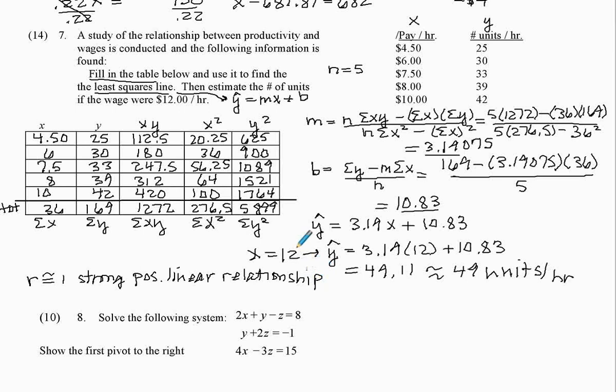It tells how close these points would be to actually being on the regression line. If r is approximately -1, then you've got a strong negative linear relationship. Positive means it would slope up from left to right, negative it would go down from left to right. And if r is approximately 0, then there's no linear relationship. Could be some other kind of relationship, but no linear relationship.